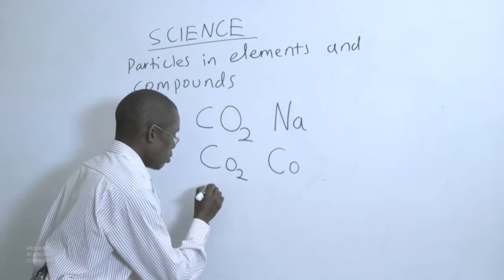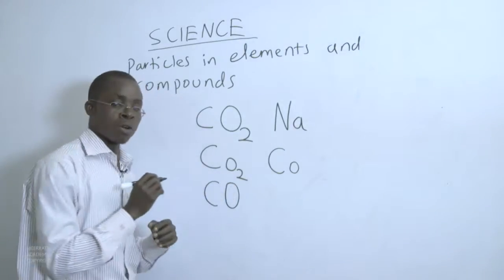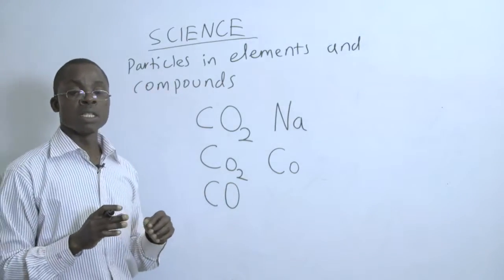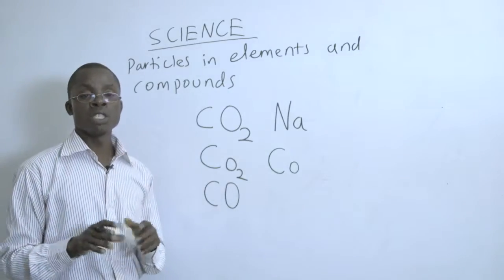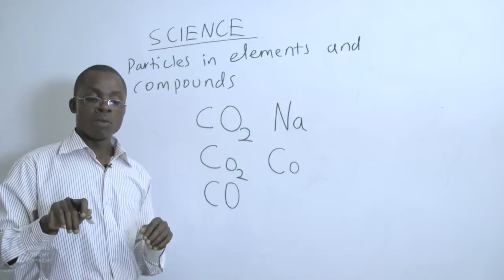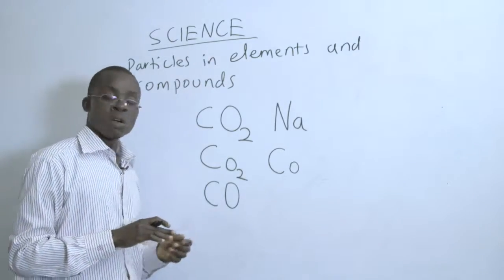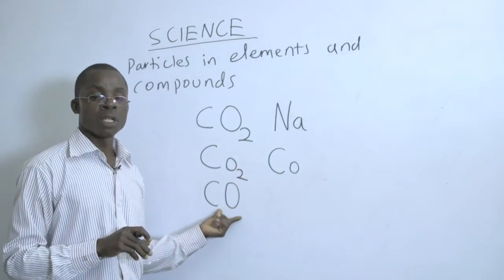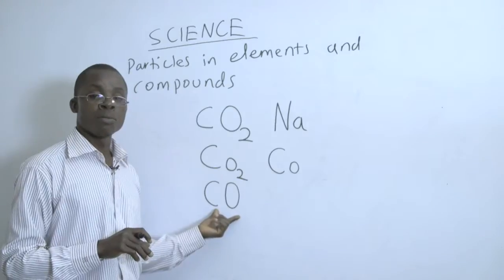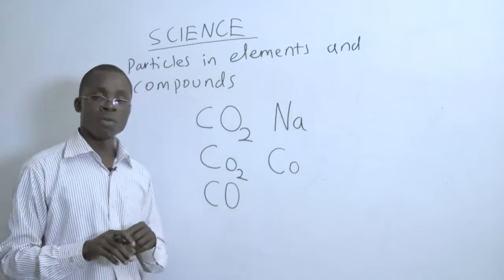You can also look at it as carbon 2 oxide or carbon monoxide, the poisonous gas that can easily kill you when you have a burning flame, jiko, or the vehicle engine is on in an enclosure. You can easily collapse and die because you are breathing in carbon monoxide, or what we also call carbon 2 oxide. That's the oxidation number of carbon.